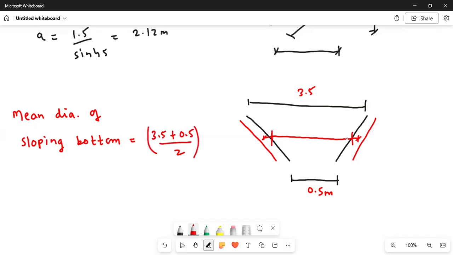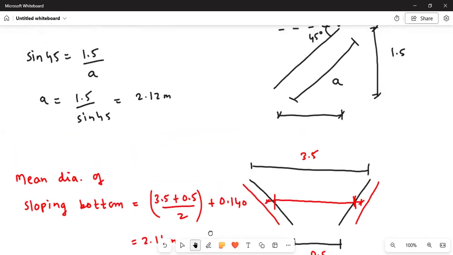This is from here to here, the mean diameter plus thickness, because you are interested in the effective span, which should be the center to center distance of the thickness. So this is coming as 2.14 meter.